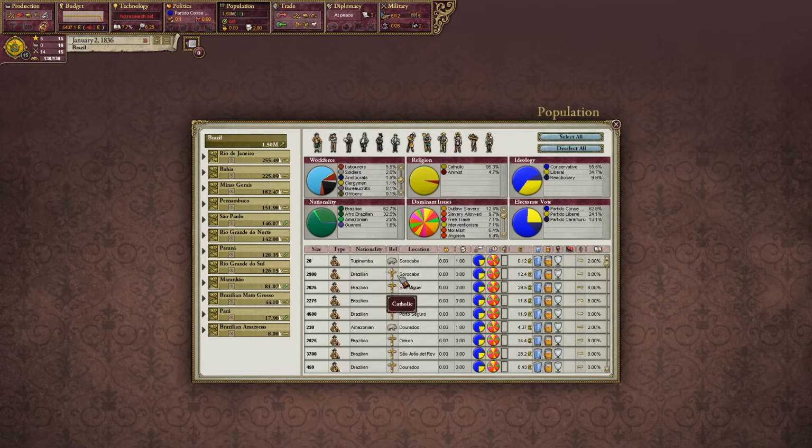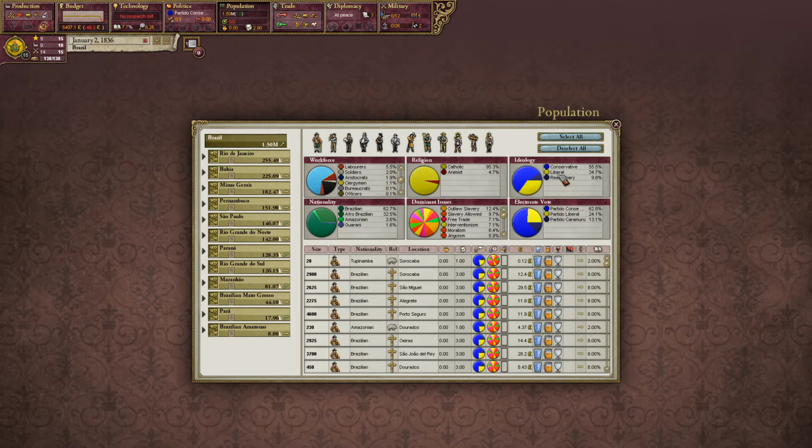You're not going to be turning Catholics into Muslims or vice versa. And you can, for the most part, just ignore the religion tab, as nationality is more important, and it's fairly uncommon for there to be people of the same culture but with different religions. Although let me add, it's uncommon. It's not unheard of. But for the most part, you can ignore it.